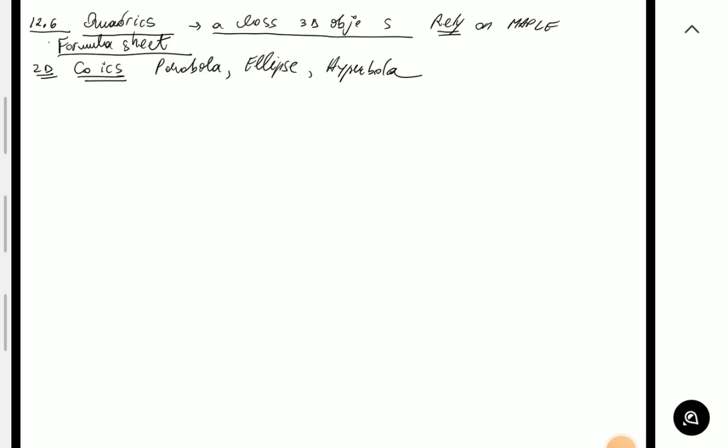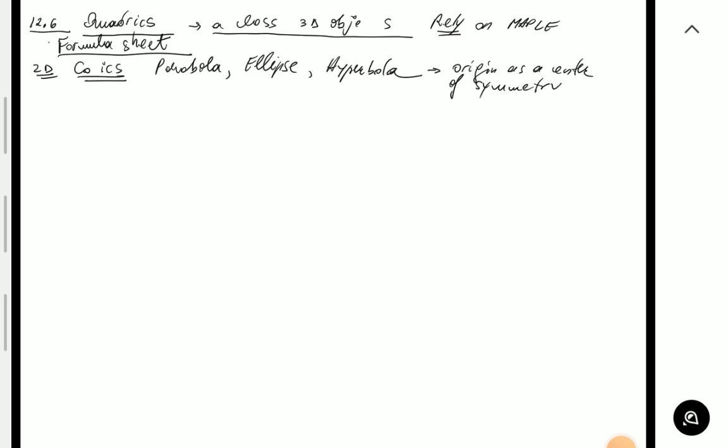Now, there are general equations of these, but to maintain simplicity, we're going to talk about these figures when they go through the origin. So either they go through the origin or they have the origin as a center of symmetry.